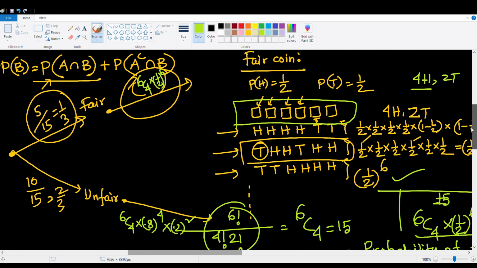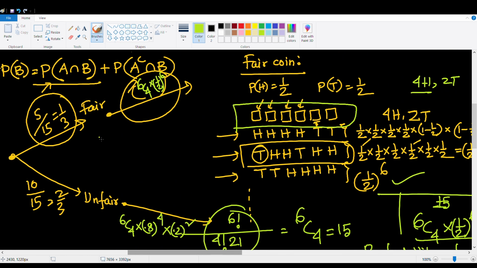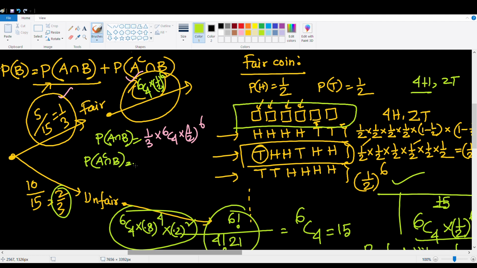Yeah, so 0.2 square. So to get P of A intersection B, we have to multiply these two probabilities. That means 1/3 times 6C4 times half to the power 6. Similarly, for P of A complement intersection B, we have to multiply these two probabilities. So it's 2/3 times 6C4 times 0.8 to the power 4, coming from 4 heads from an unfair coin, and it's 0.2 to the power 2.